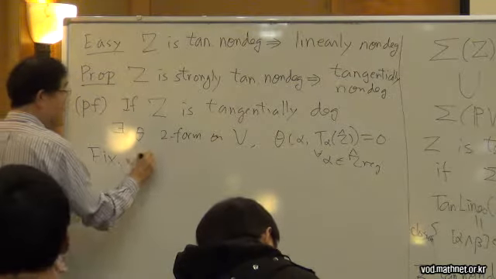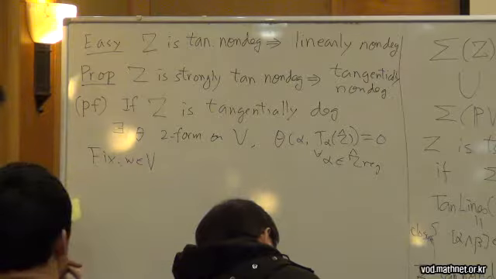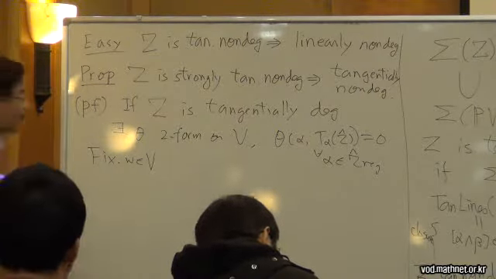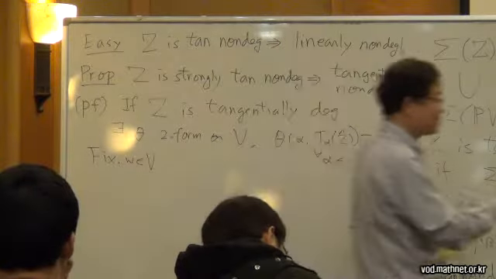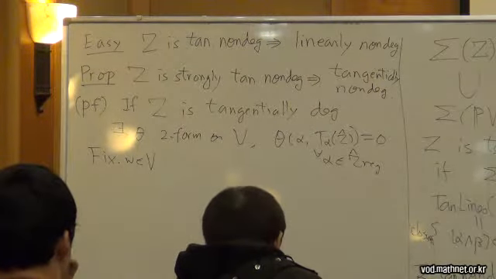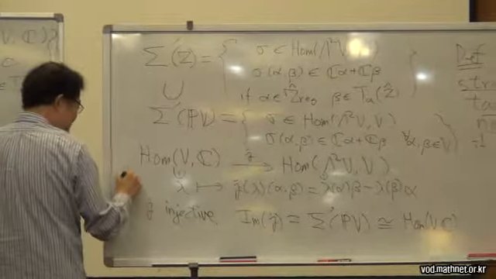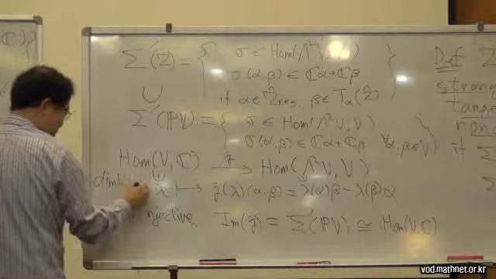Now if this happens, then fix W. Let me say something here: one thing I forgot is that here you have to assume the dimension of V is at least 2, but in our situation we always have higher dimension.